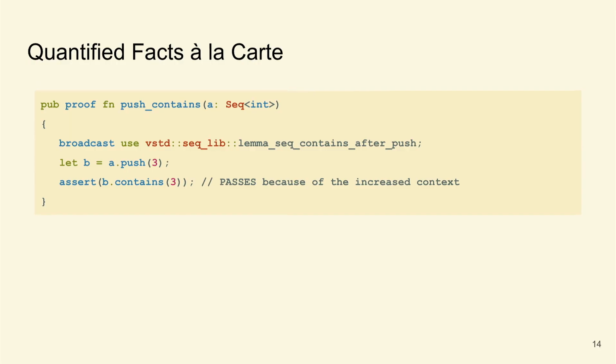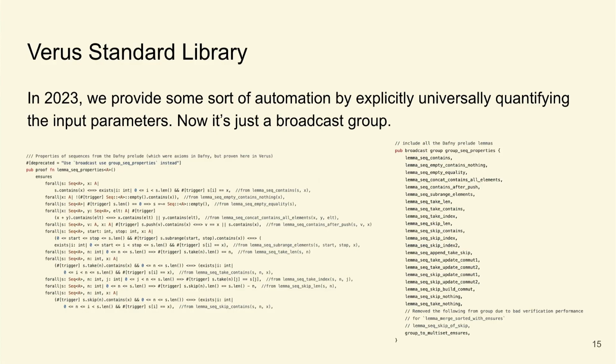So once marked as broadcast, you can import this broadcasted proof into your function by this broadcast use thing. And now the thing automatically verifies because of the increased context, and you know which axiom or which lemma to instantiate. And this is exactly how we restructured the Verus standard library on these collection types.